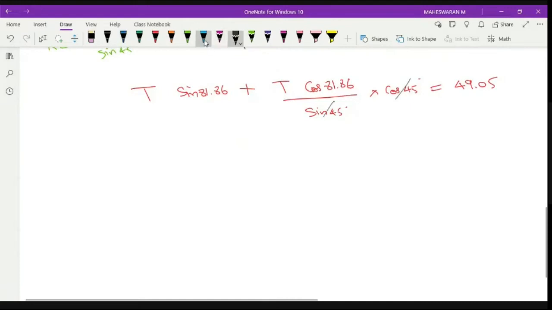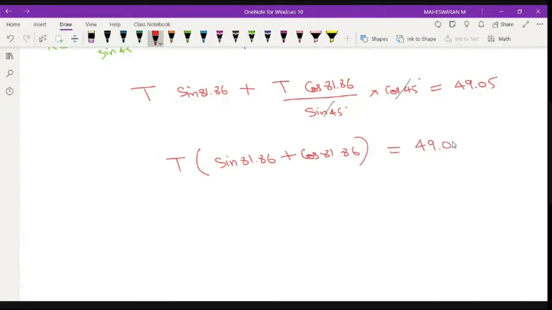Now, what will be the value of T? T into (sin 81.86 plus cos 81.86) is equal to 49.05. So what is the value of T?